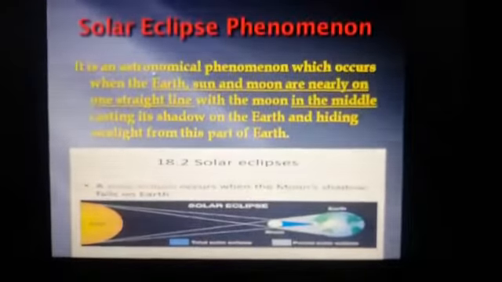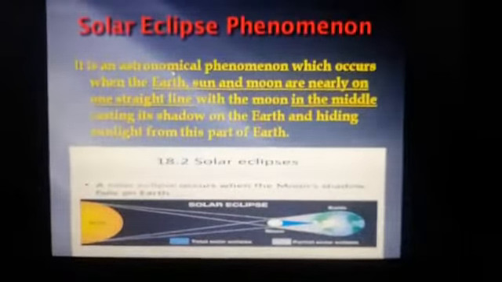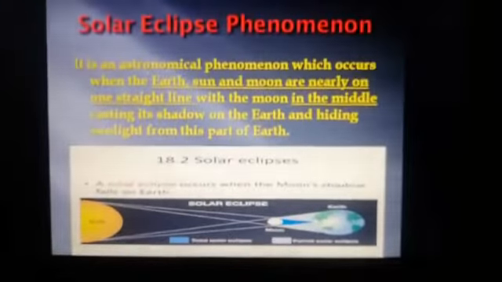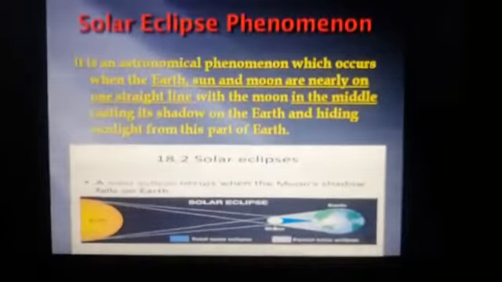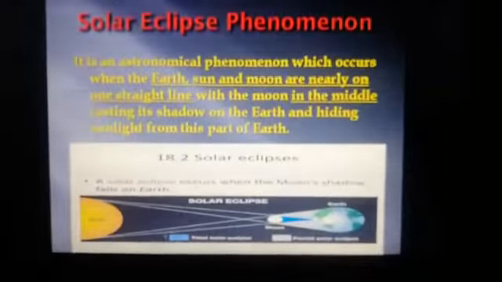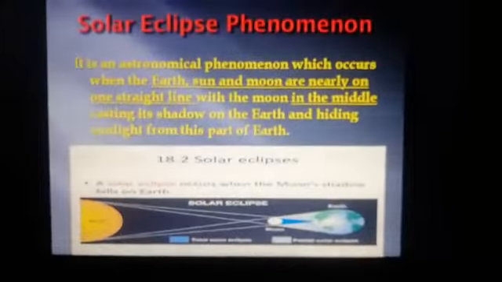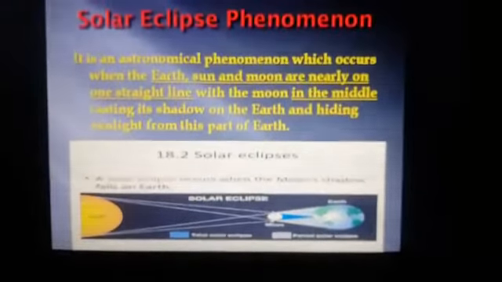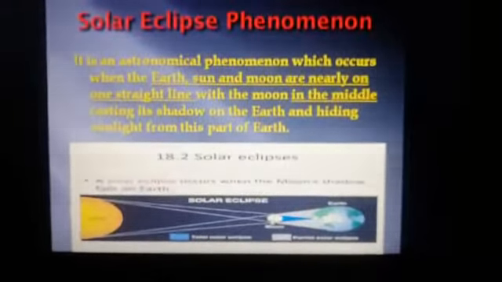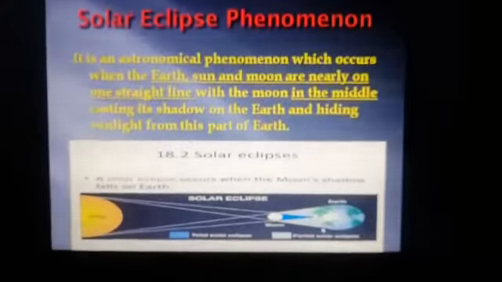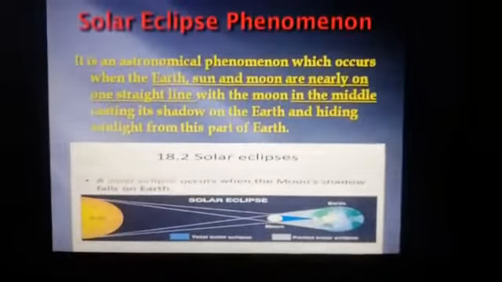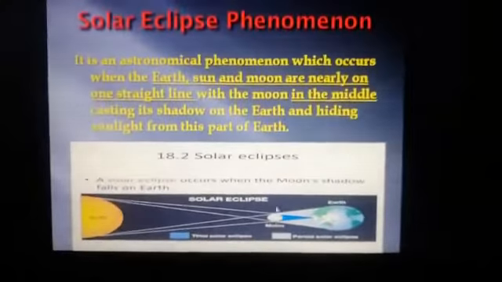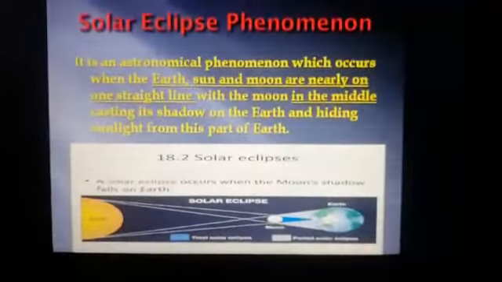Astronomical means it's a phenomenon which occurs in space. It occurs when Earth, Moon and the Sun come on one straight line during the rotation, with the Moon in the middle, hiding sunlight from the Earth and casting its shadow on the Earth. So, solar eclipse occurs when Moon's shadow falls on the Earth.